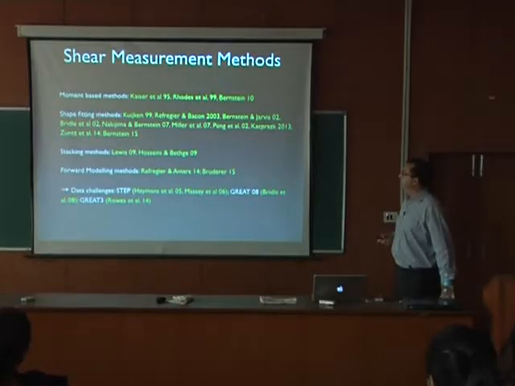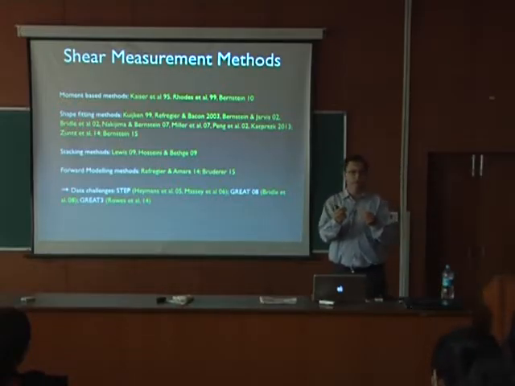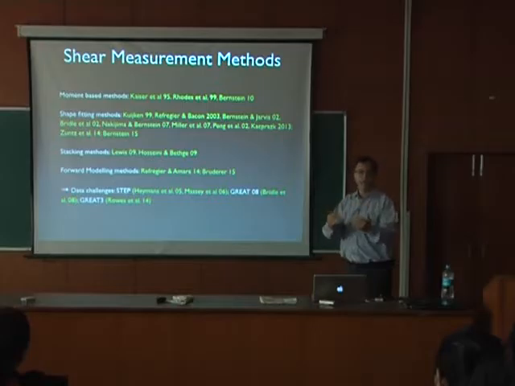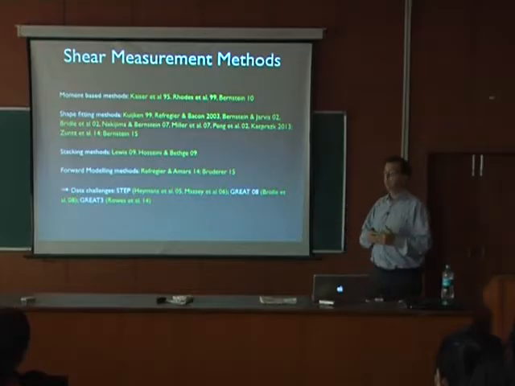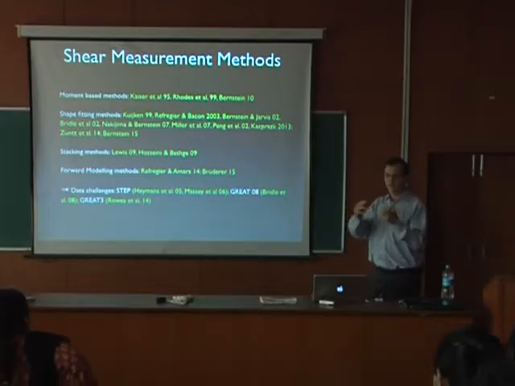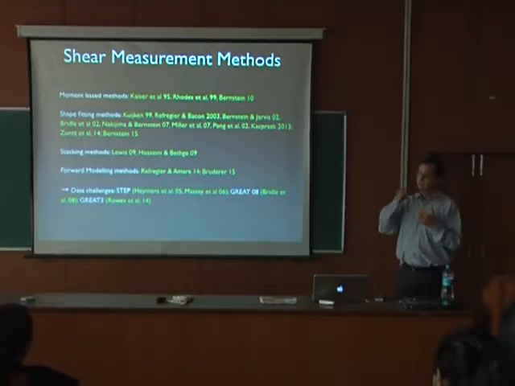Another class of methods can be called shape fitting. Here, instead of taking the image and measuring moments of the light distribution, one tries to fit a model to the light distribution. We can take different basis functions, fit these basis functions, and get a model for the galaxy. As we fit, we can convolve with a point spread function.